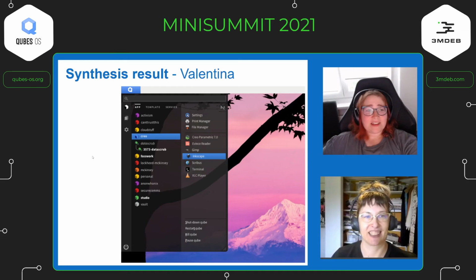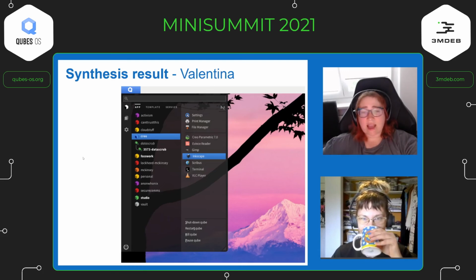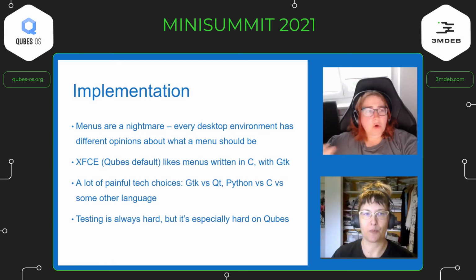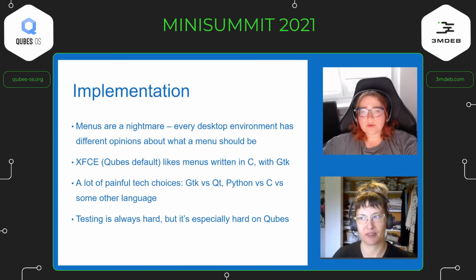Yes, so there are very, very many problems with menus. The big problem is that every single desktop environment has its own idea what a menu is and how you should implement it, and what the requirements are, what frameworks you should use.